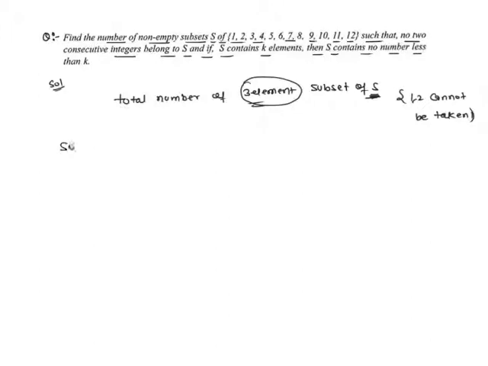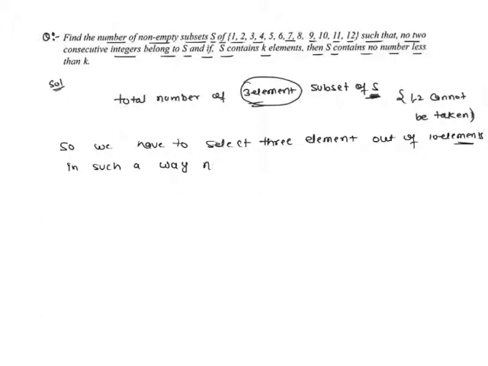So we have to select 3 elements out of 10 elements in such a way that no two are consecutive. So this we can do.